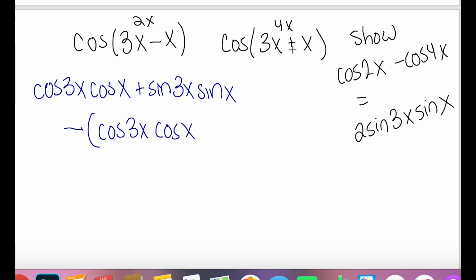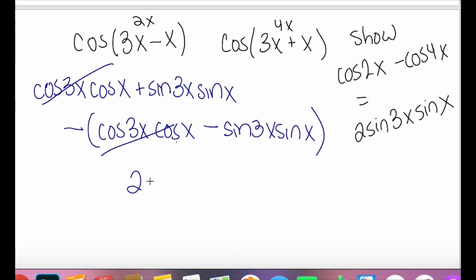And then since it's a positive in the middle, we're going to switch that sign and do sine 3x sine x. So cosine 3x cosine x minus cosine 3x cosine x, those cancel. Now I have sine 3x sine x minus negative sine 3x sine x, which becomes positive 2 sine 3x sine x, which is what we were trying to prove.